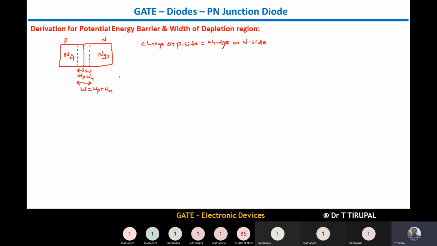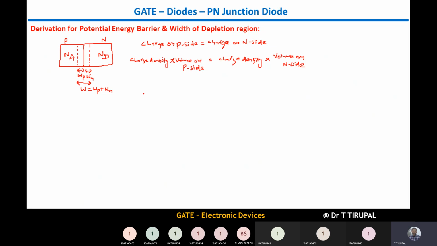It is charge density into volume on P side. Very important, volume on P side. Similarly on the N side, charge density into volume on N side.